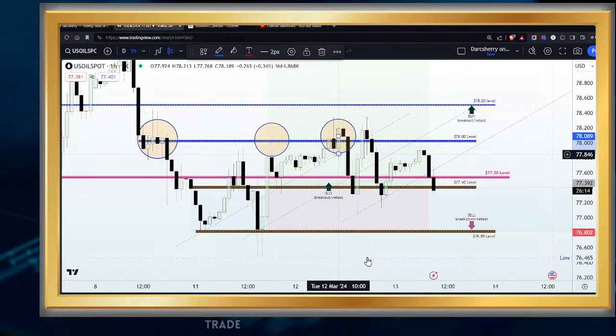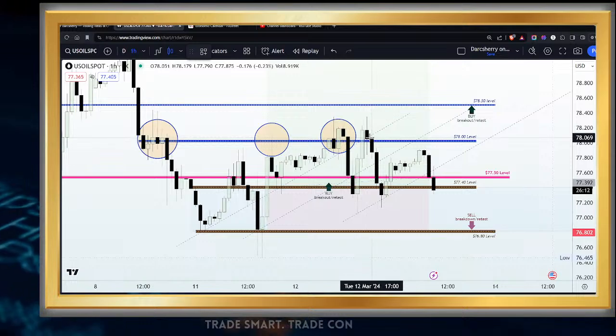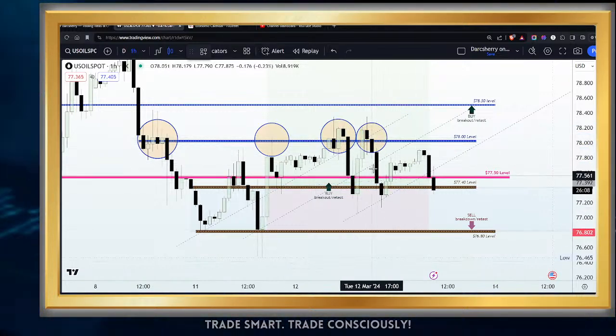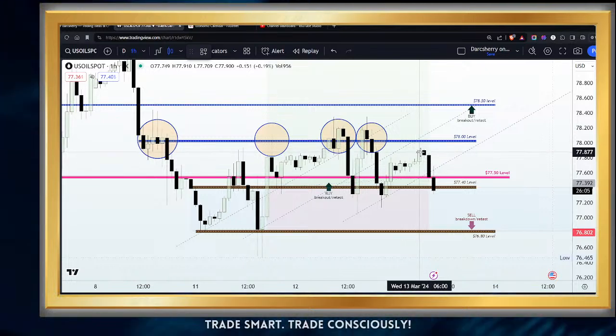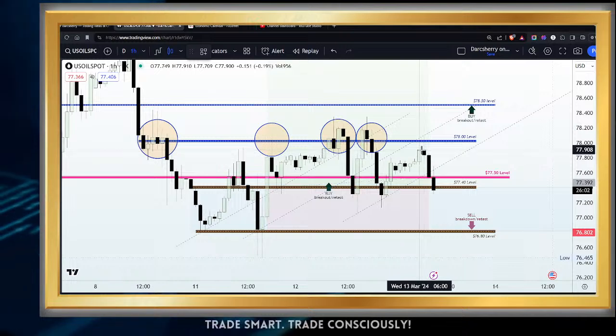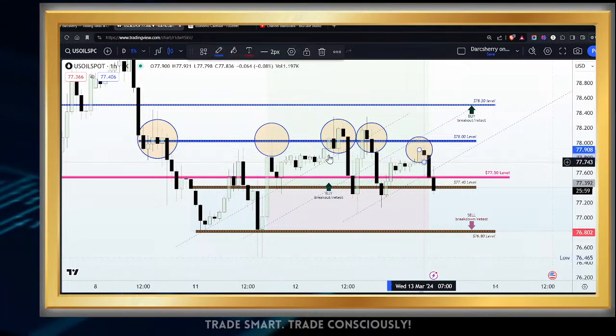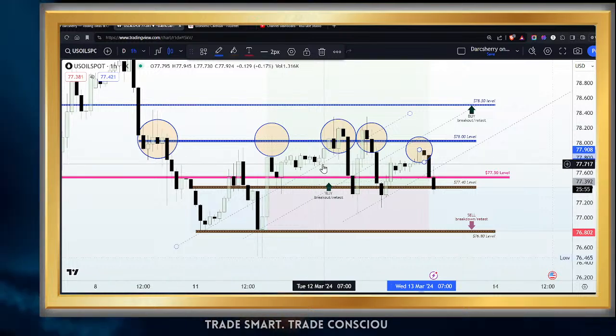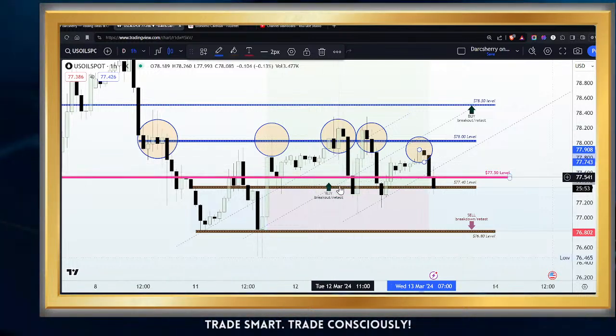And this is a red flag which informs us that buyers are losing steam. Since yesterday, through the Asian session, though we saw some buying activity, price was unable to even come close to the previous high before the bearish momentum continued to the downside.